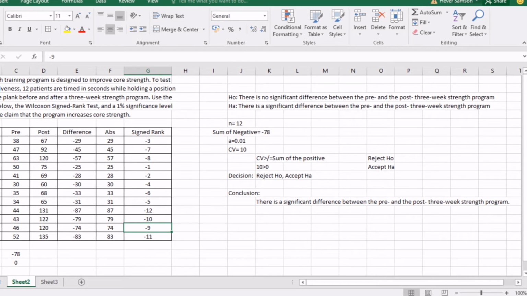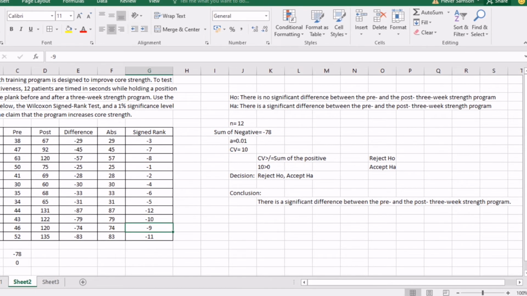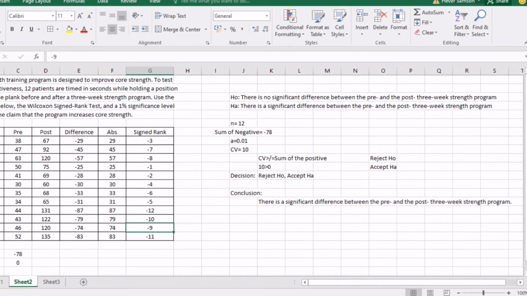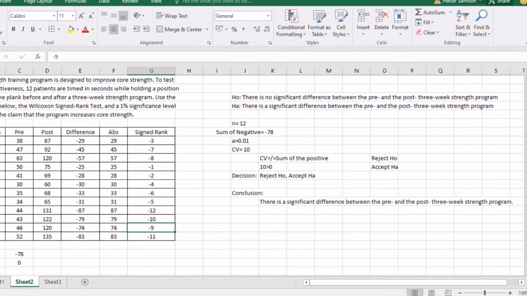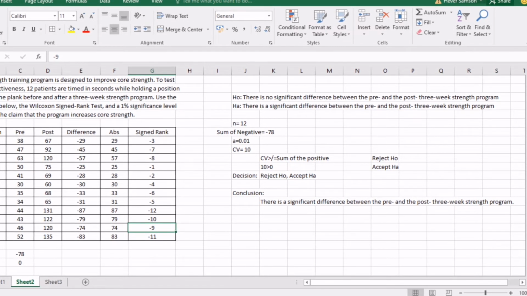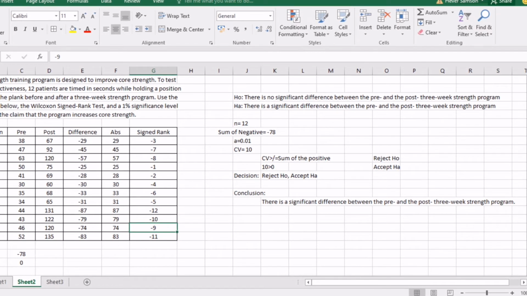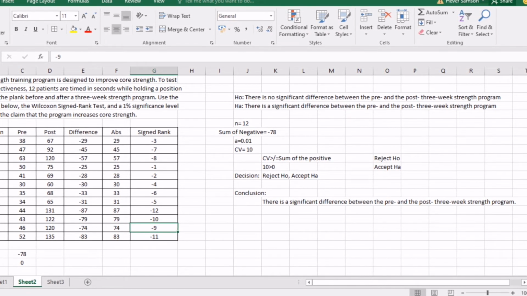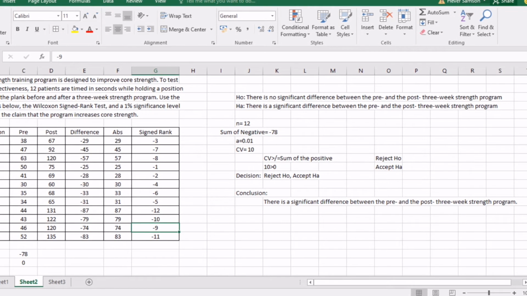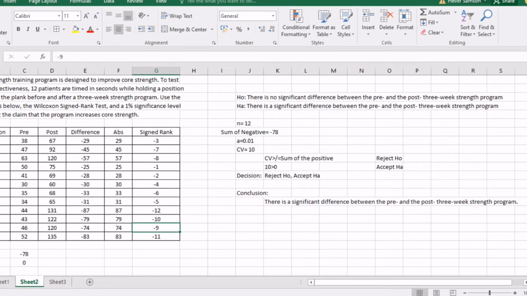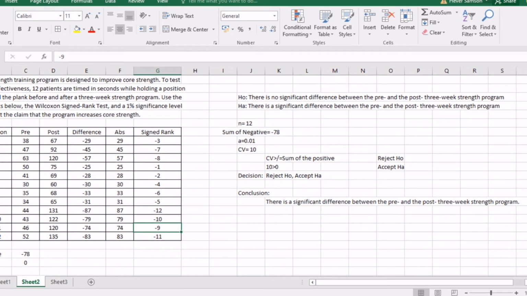So for the decision, we have 10 and we have negative 78. If the critical value is 10, the sum of the negative is negative 78, and the sum of the positive is 0, we will just be comparing 0 and 10.